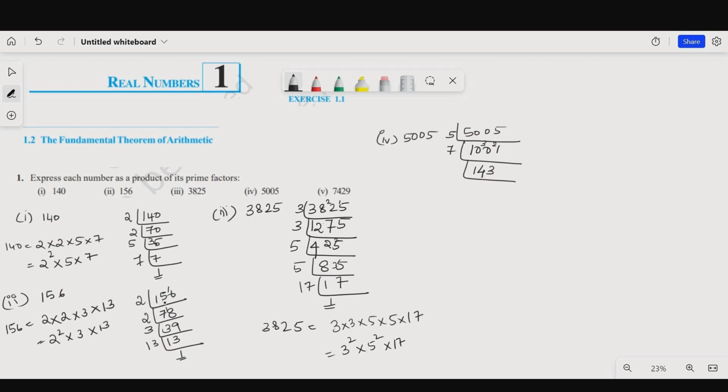So 143. This 143 is divisible by the next smallest prime number, 11. 11 into 13 is 143. 13 is again a prime number, so it is divisible by itself. So we can write 5005 as 5 into 7 into 11 into 13.